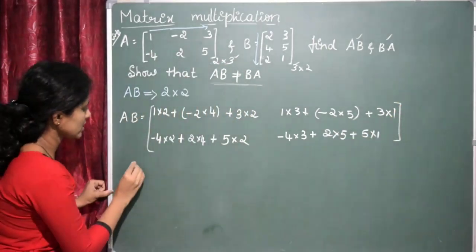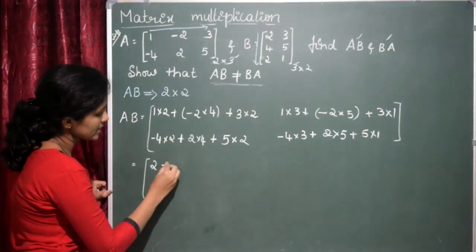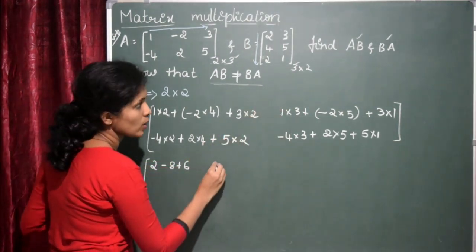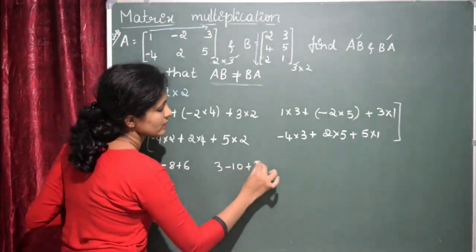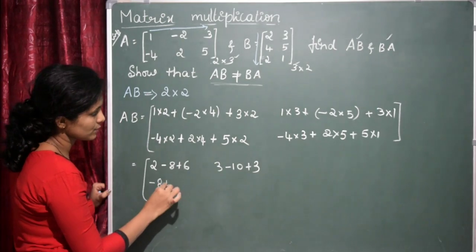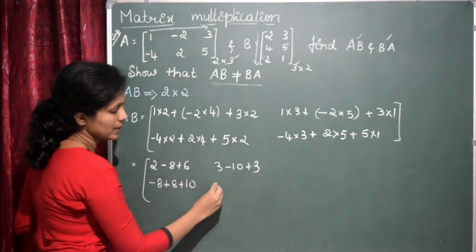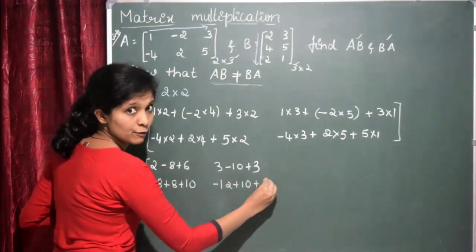Okay. So this is equal to now AB. 1 into 2 will be 2 minus 8 plus 3 into 2 is 6. Here this is now 3 minus 2 into 5 will be 10 plus 3. So this is now minus 2 into 4 is minus 8 plus 4 into 2 is 8 plus 5 into 2 is 10. That will be minus 12 plus 10 plus 5.